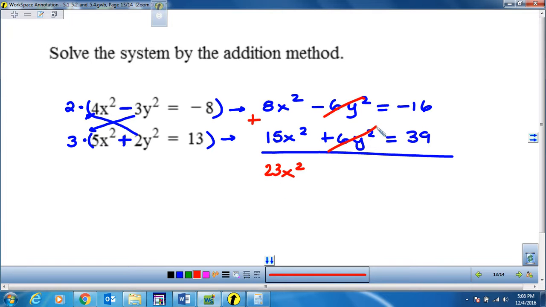These two cancel, negative 6y squared plus 6y squared equals negative 16 plus 39, that's going to be positive 23. And then divide by 23, both sides.